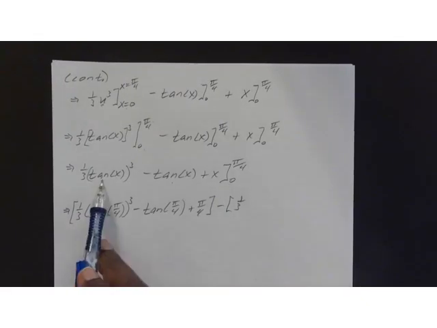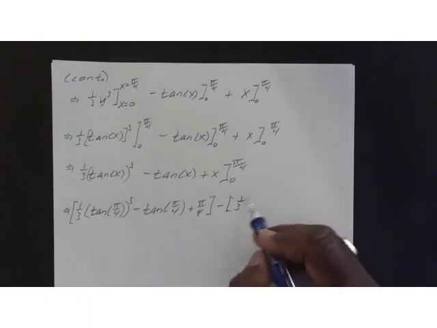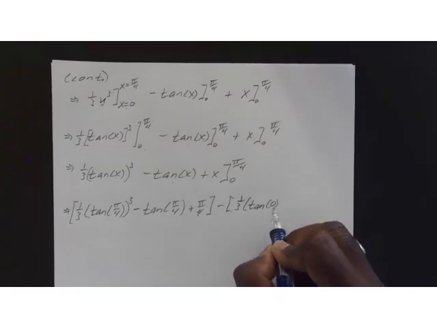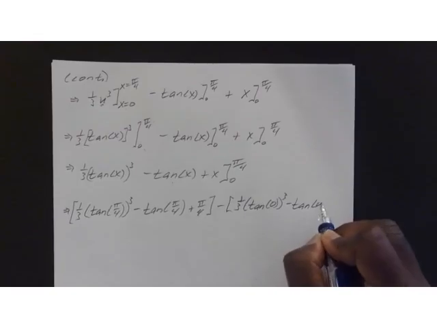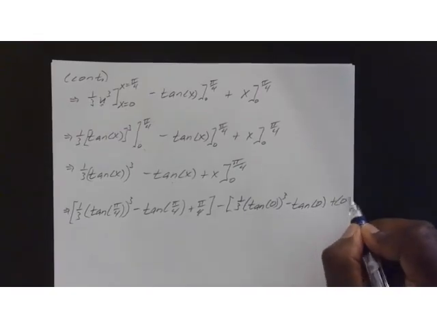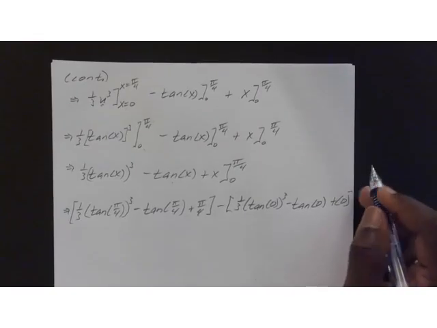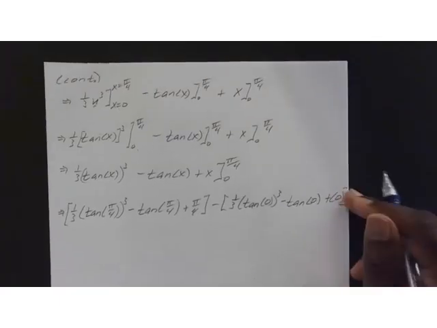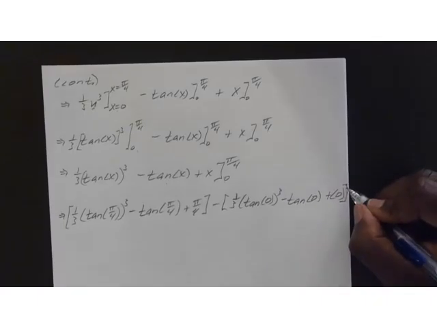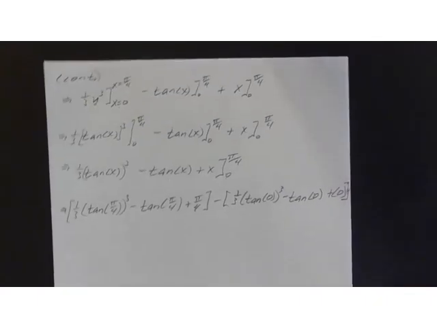That's 1/3. Honestly, all of these will end up being 0, but we'll write them in anyway. Tangent of 0 to the third power minus tangent of 0 plus 0. Let's get that bracket in there. There we go. That's good enough.